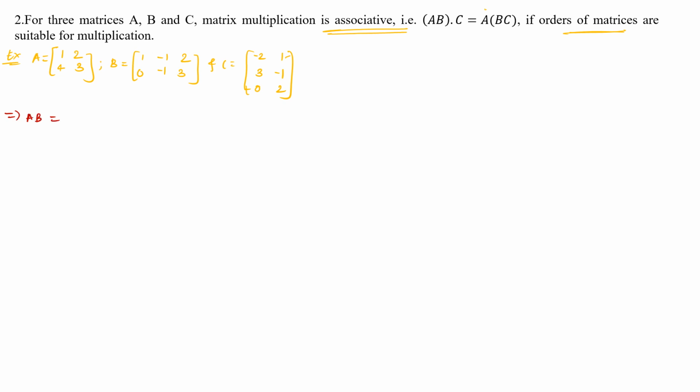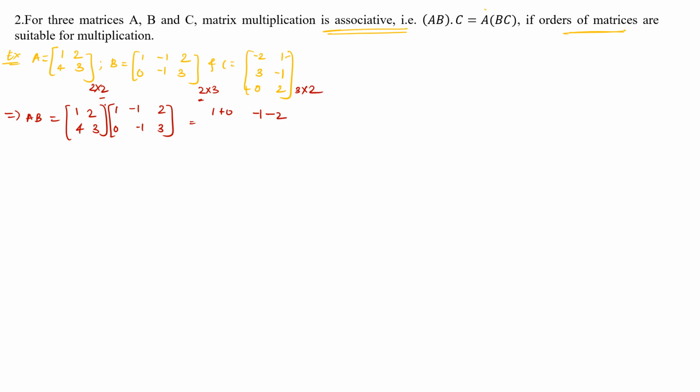So for A into B, what do we need? The columns of the first and the rows of the second must be the same. This is a 2 cross 2 matrix, this is 2 into 3 and this is 3 rows 2 columns. So the columns of A and the rows of B are the same, so we can do the product. So the product will be 1 2 4 3 into 1 minus 1 2 0 minus 1 3. So this is going to be 1 into 1 is 1 plus 2 into 0 is 0. Then 1 into minus 1 minus 1, minus 2 into 1 is minus 2.